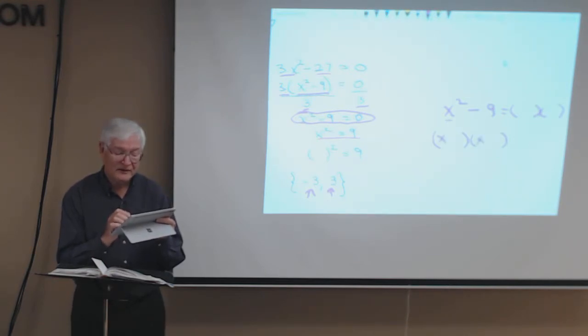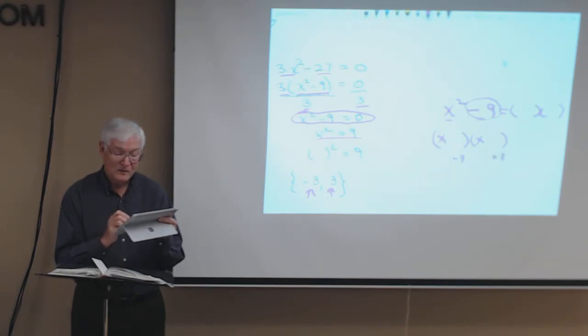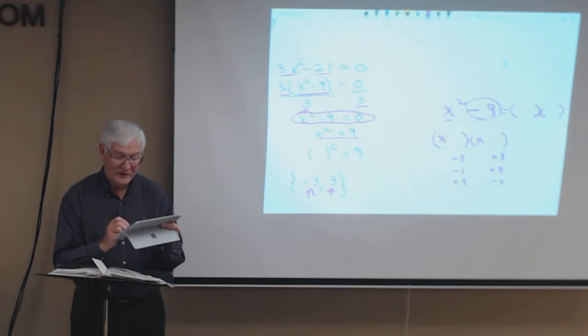This is the last term, so I can either have negative 3 and positive 3, or negative 1 and positive 9, or positive 3 and negative 3, or positive 1 and negative 9. You follow where I'm putting all my possibilities in there?